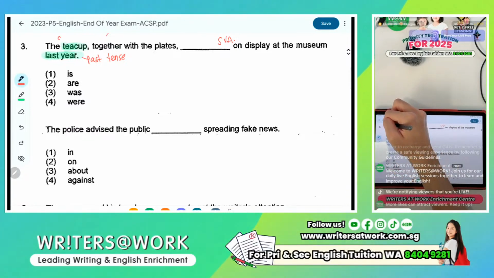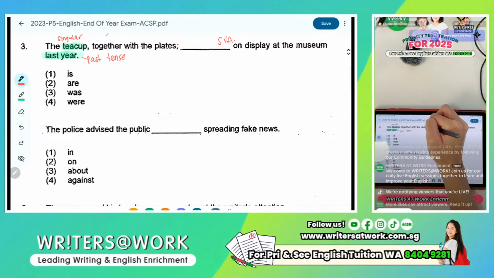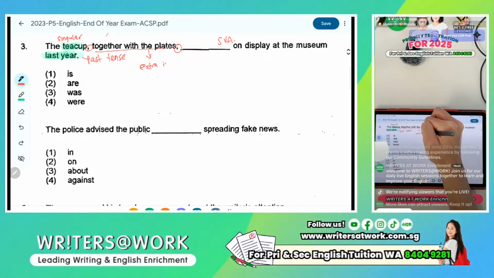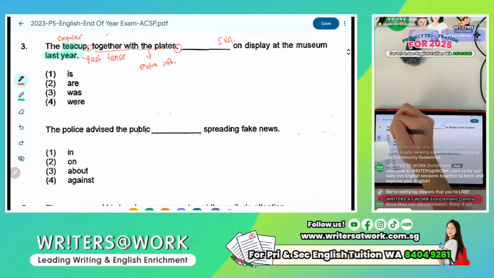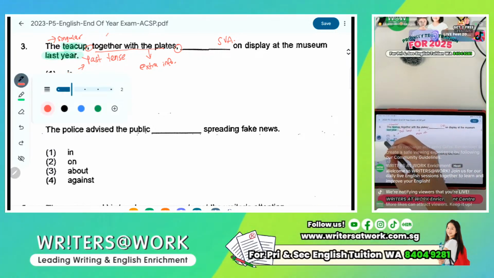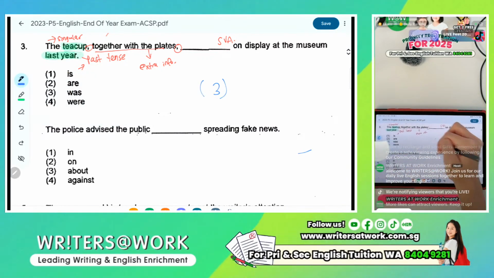This is singular. Do take note that there is a comma before together with the plates. So this is extra info. So we are looking at singular and past tense. So there's only one answer. Option 3, was. All right.